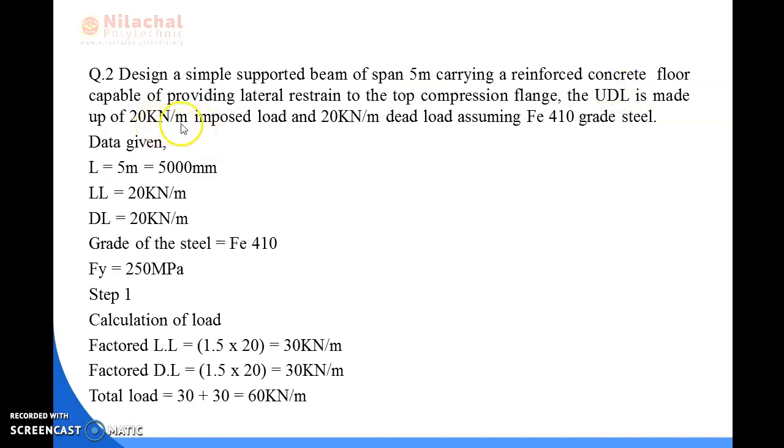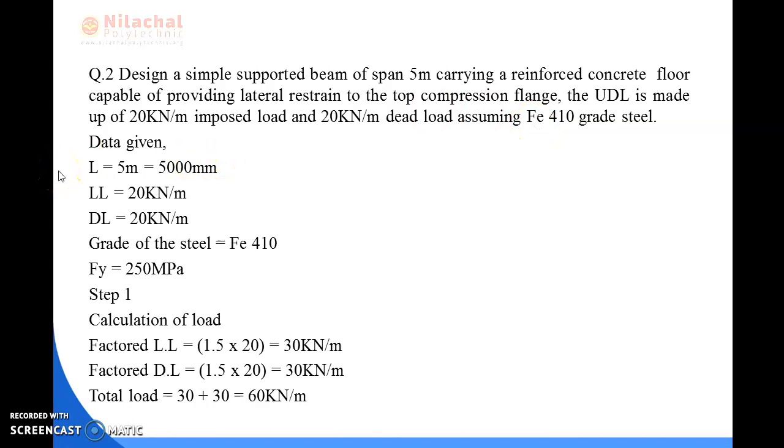First is imposed load and second is dead load. Imposed load means the live load part, which is 20 kN per meter, and dead load is 20 kN per meter. And steel grade is given as Fe410.